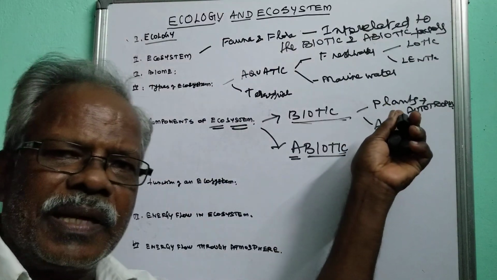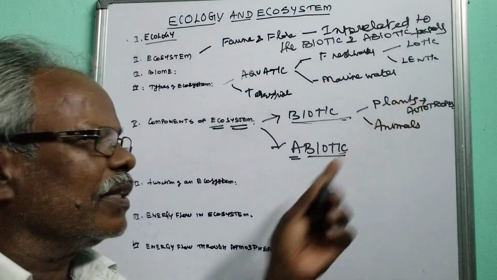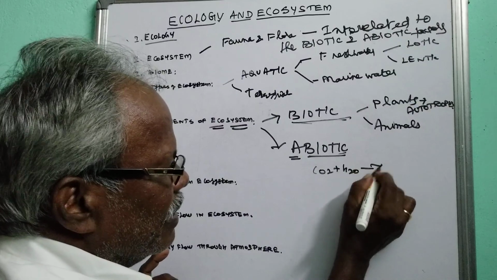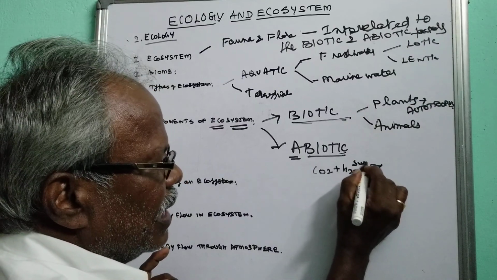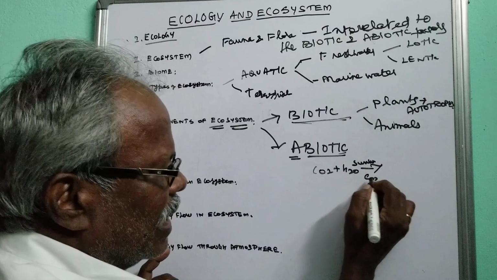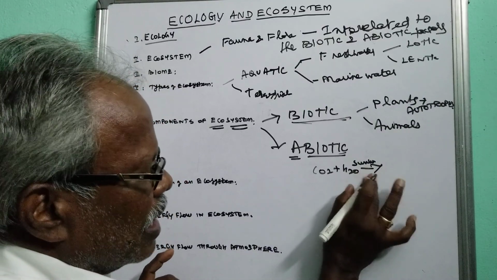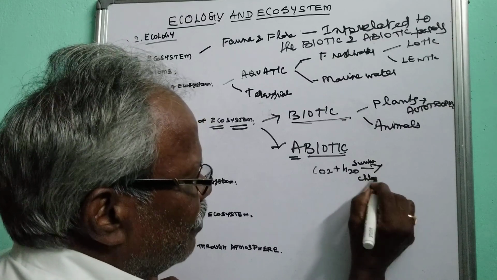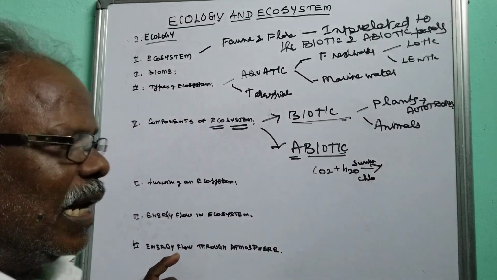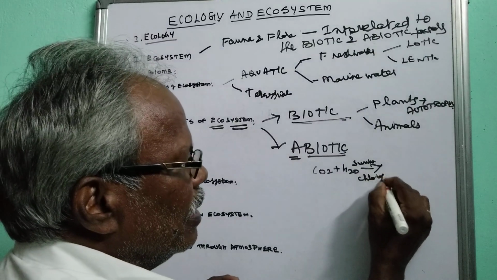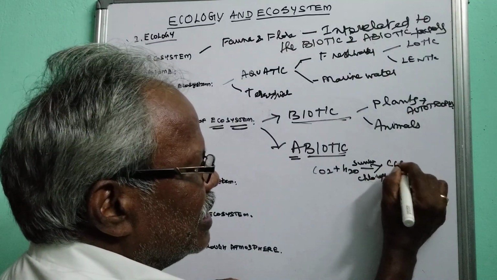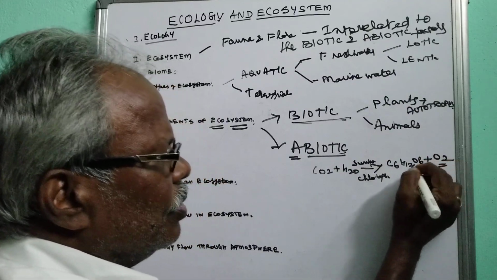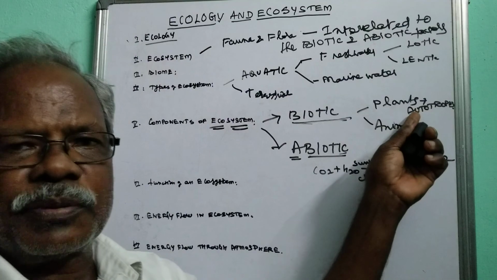The plant can prepare the food material by itself with the help of carbon dioxide and water, sunlight and chlorophyll. Chlorophyll is found in the leaf, that is the green pigment. They prepare the food material, C6H12O6, plus oxygen. So this is known as autotrophs.